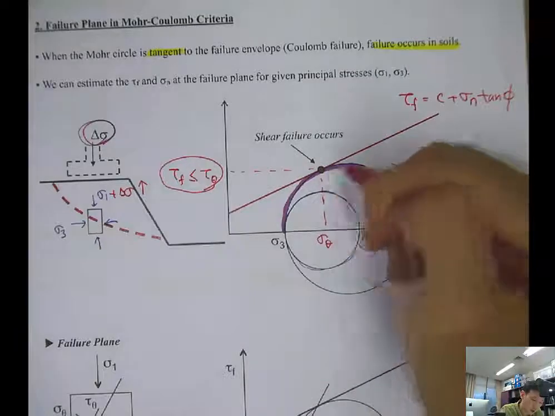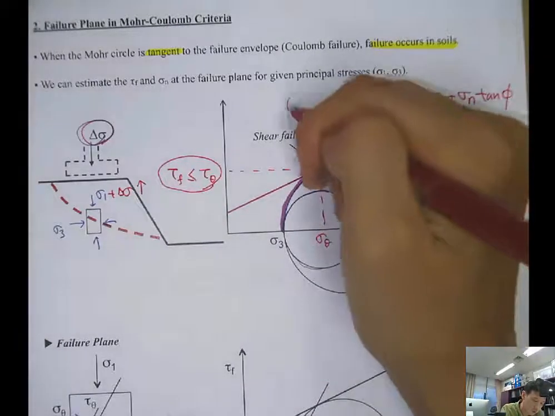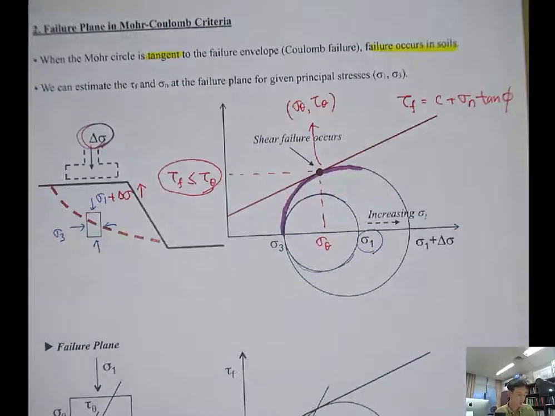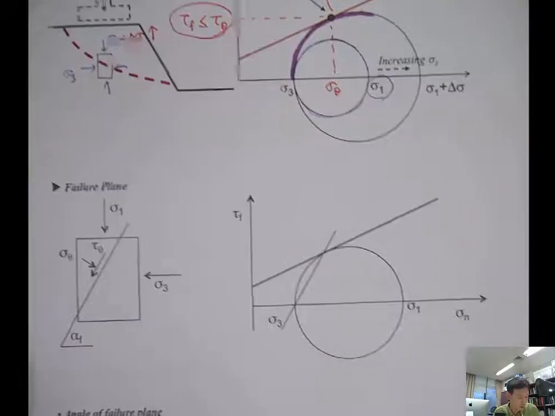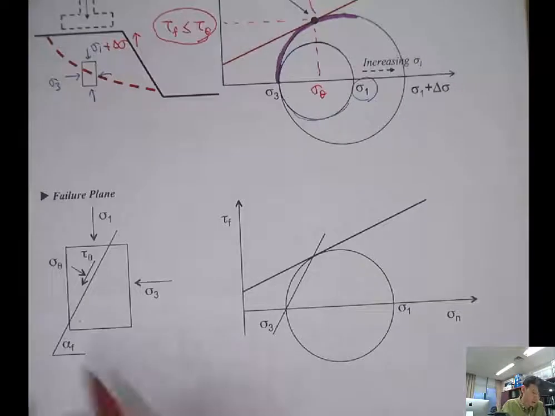So the stress state at this point is sigma theta and tau theta. Okay. So then where will the failure plane be? What is the inclination of the failure plane?